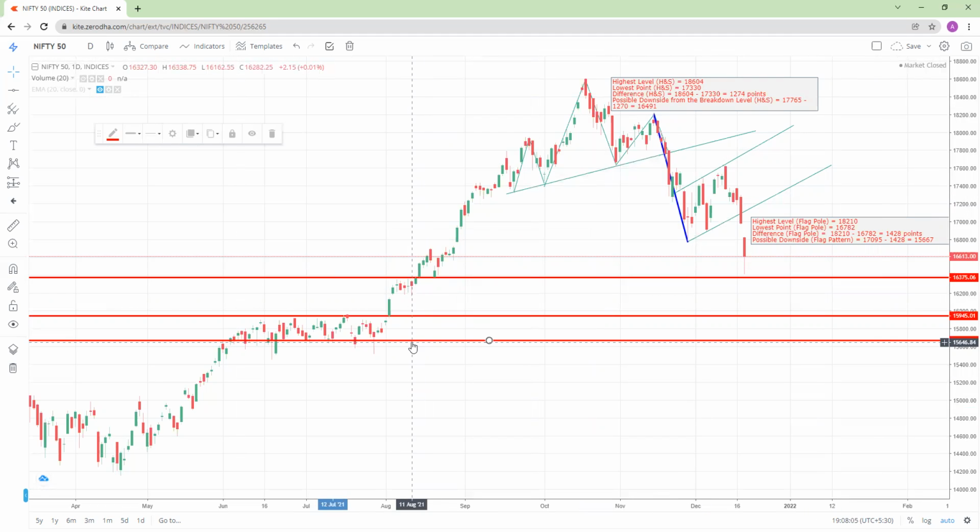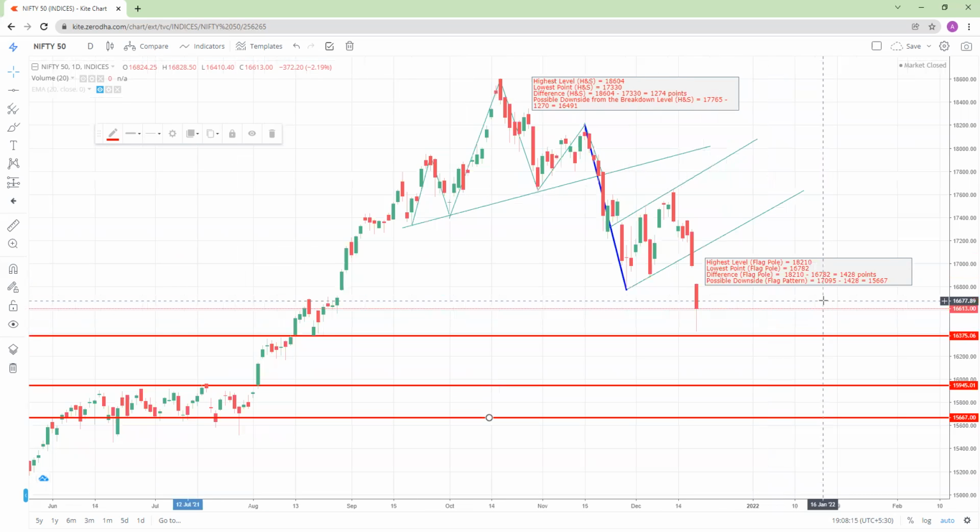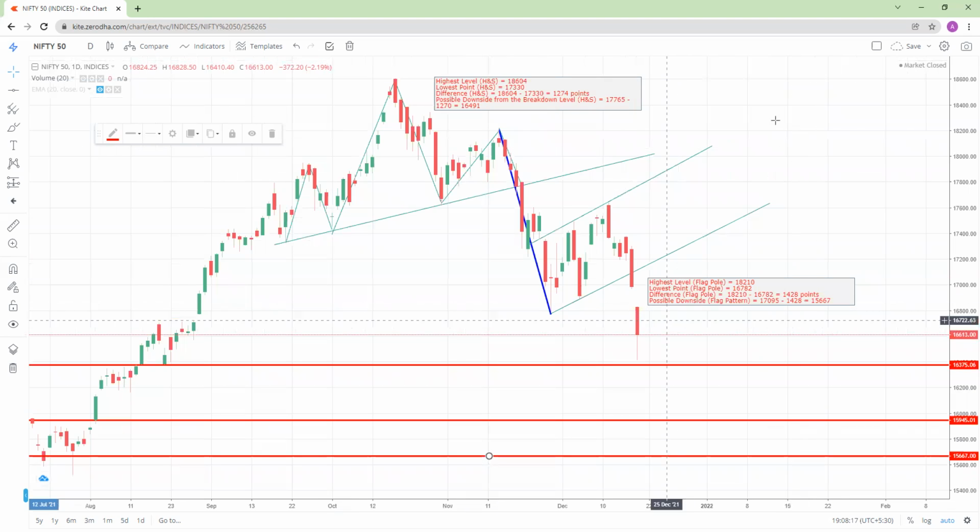So before arriving at 15667, Nifty 50 is likely to find support at 16375 and 16945. Through these levels we are trying to explain how technical analysis is used in making projections, and whether these projections hold true or not, we come to know only when actual things start happening in the market.